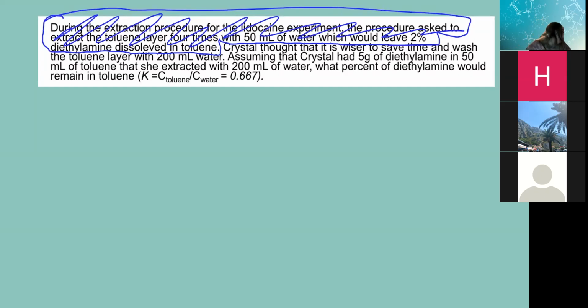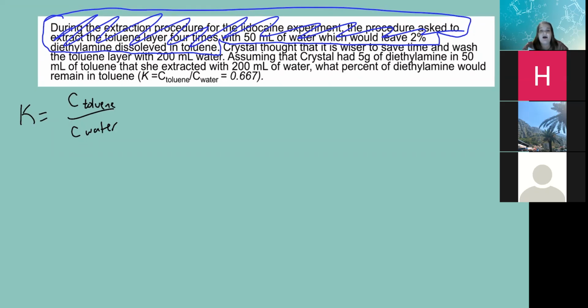Let's just talk about what the partition coefficient is. So with the partition coefficient, we can say that K is equal to the concentration of toluene all over the concentration of water. Okay, that's great. So K is the partition coefficient, and then we have the concentration of toluene over the concentration of water.